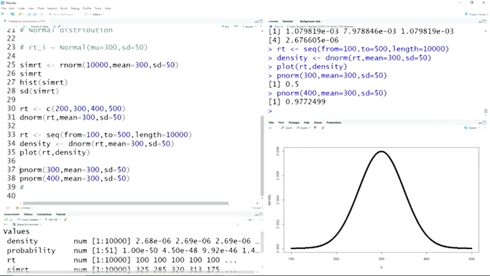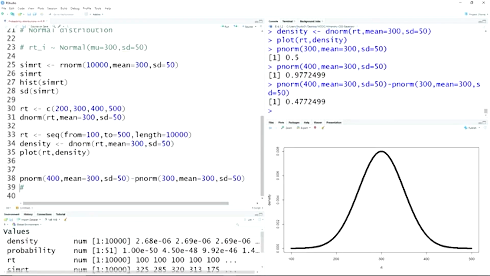If I subtract the area under the curve from minus infinity to 300 from the area under the curve from minus infinity to 400, what I would be left with would be the area under the curve between 300 and 400. So this comes out to be exactly 0.4772. So this is how I can calculate the area under the curve between 2 points.